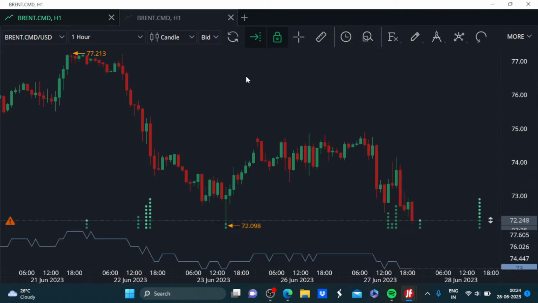Now for light crude oil, you can notice that the output value is being rounded off to the following integer. At the current juncture, the output of the vector ceiling for the current level is 73 because the underlying instrument price is at 72.24 and the following integer is 73.